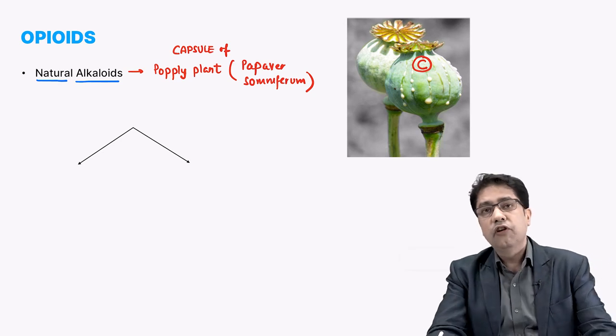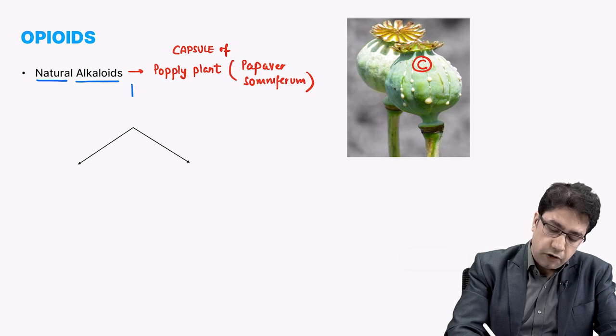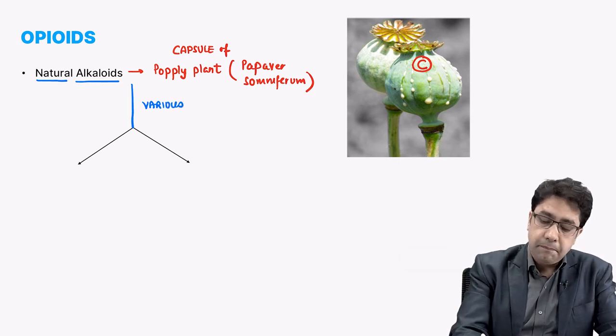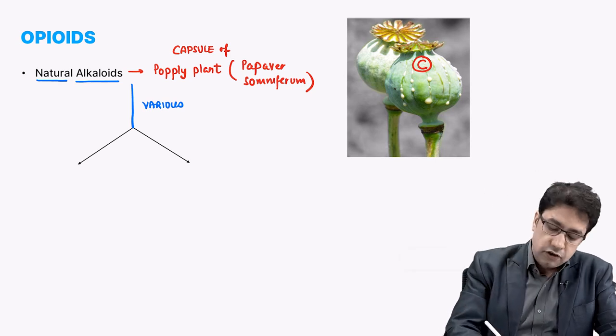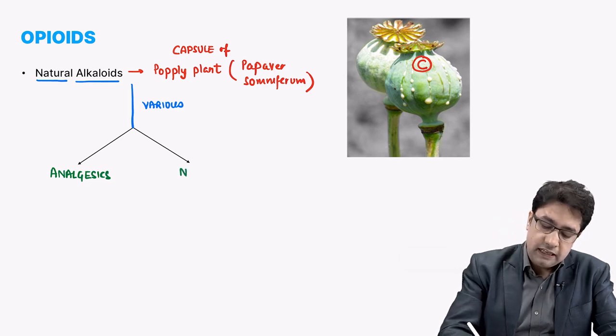From this capsule of the poppy plant, we obtain various natural opioids. Some of these chemicals have pain relieving property, so we call them analgesics. But some other chemicals are non-analgesic.